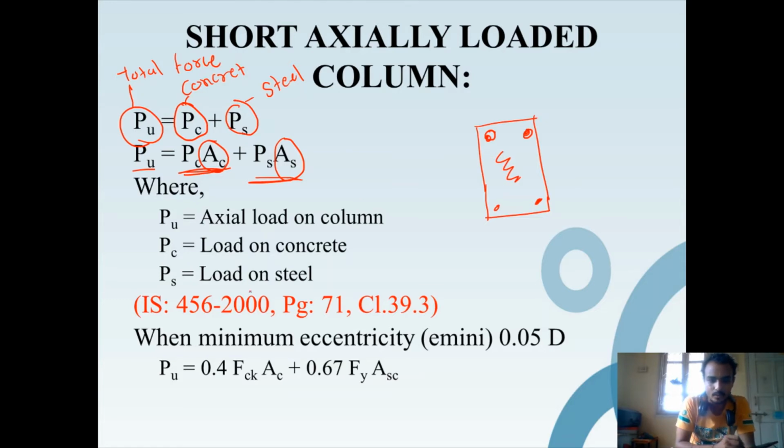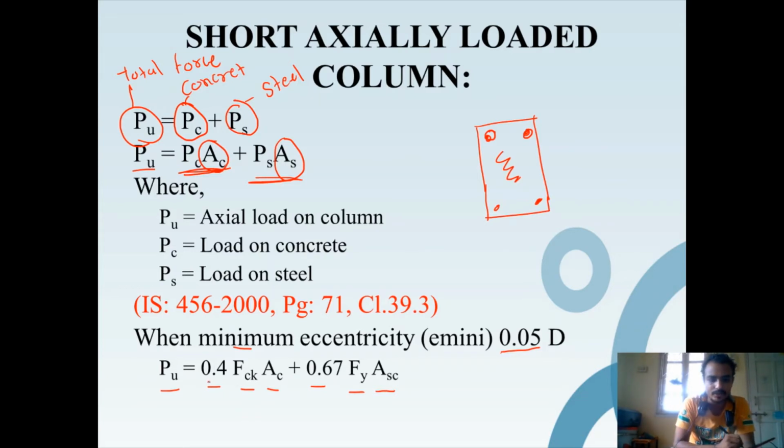And then here is the equation, used when minimum eccentricity is 0.05: Pu is equal to 0.4 fck Ac plus 0.67 fy Asc. For the axially loaded column, eccentricity is 0.